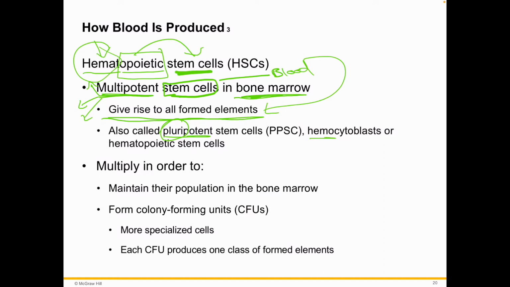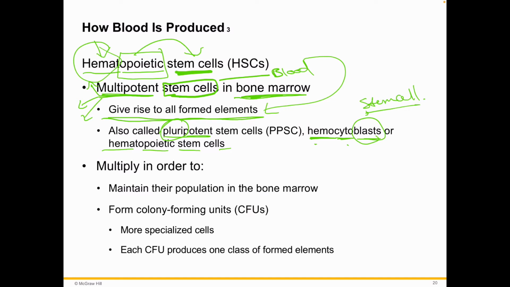We can also call them hemocytoblasts: hemo for that heme group, cyto for cell, so blood cell, and blast. Anytime you see blast, think stem cell, or just a brand new baby cell from stem cells, essentially. Also hematopoietic stem cells. So these are all the terminologies, and that's what they mean. There's your science words for you.